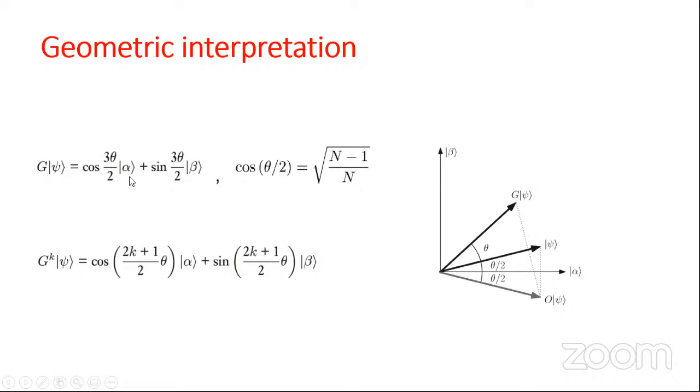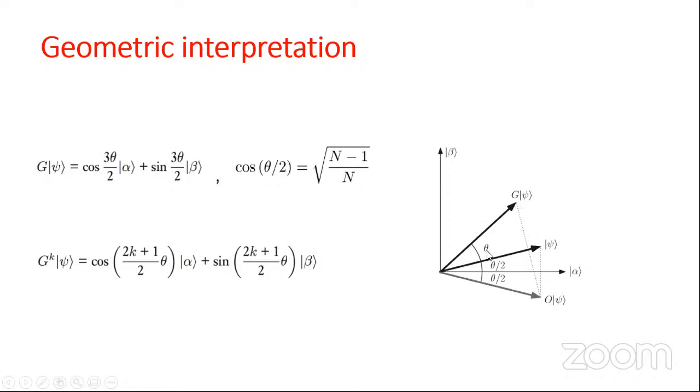So one iteration will increase the angle by theta, and ultimately theta plus theta by 2 is 3 theta by 2 after one iteration. If we apply k such iterations, our target is to reach here, or maybe more than this. Our target is to reach towards beta.